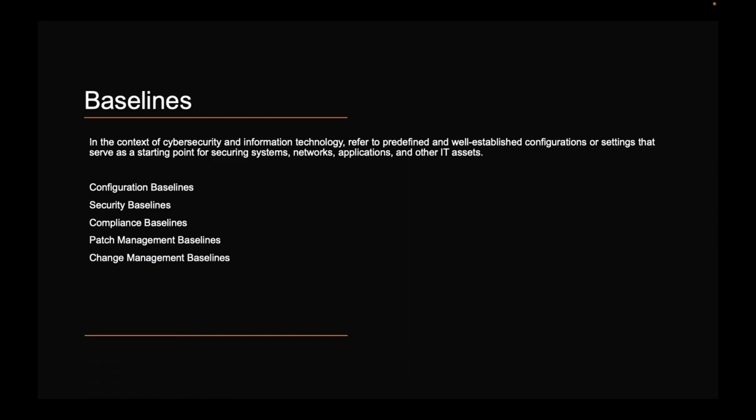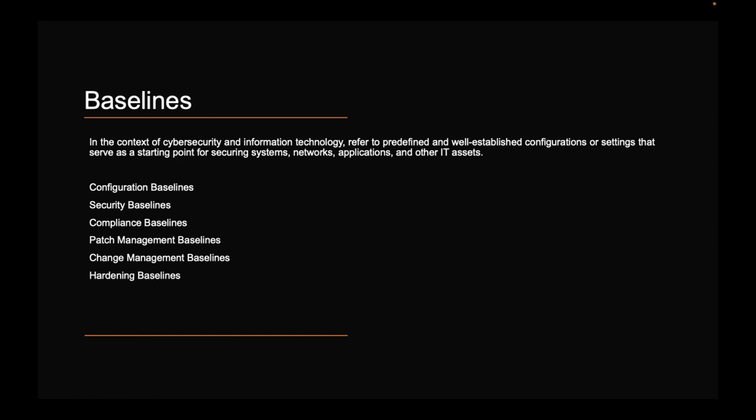Change management baselines. These define procedures for handling changes to IT environments while maintaining security and stability. Change management baselines help to prevent unauthorized or risky modifications in the environment. Hardening baselines.